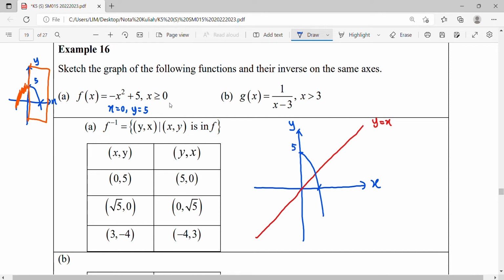The roots here will be square root of 5. So this is our function. We label it first: y equals to minus x squared plus 5, where it only involves x greater than or equal to 0.